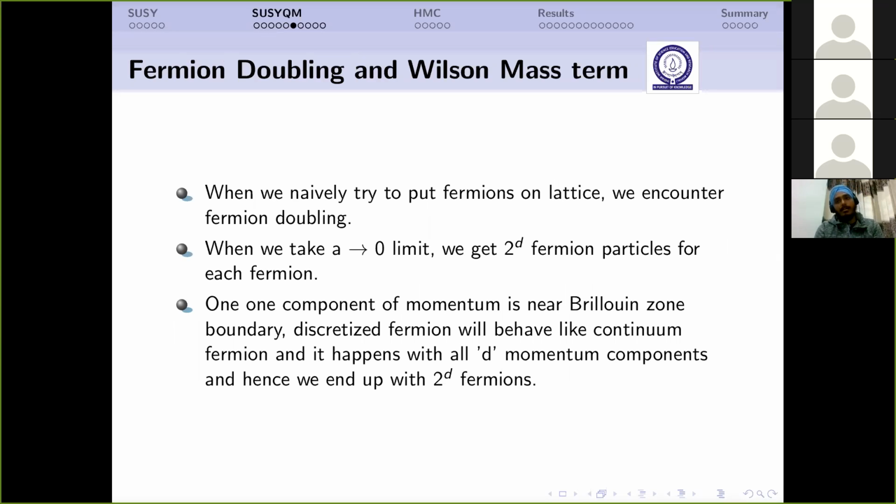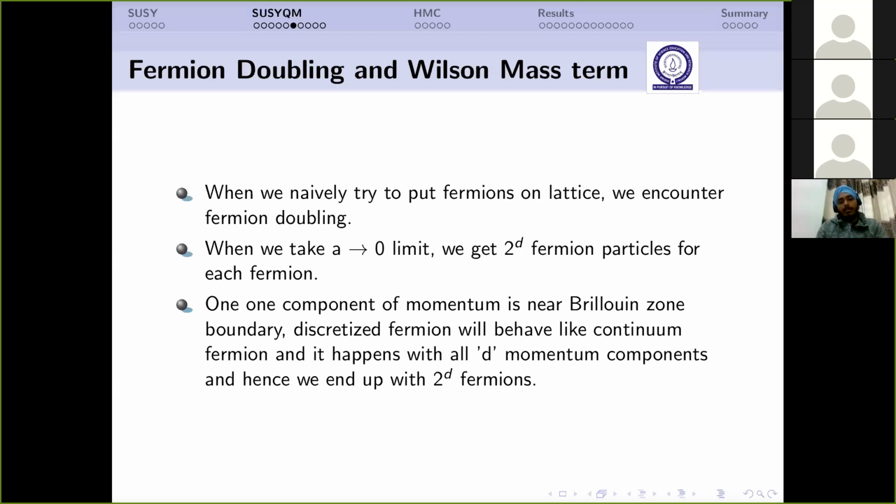Whenever we take the continuum limit, the fermions behave as continuum fermions. Fair enough. But when we write the propagator in terms of momenta and we are at the Brillouin zone boundary, those fermions also behave as continuum fermions.